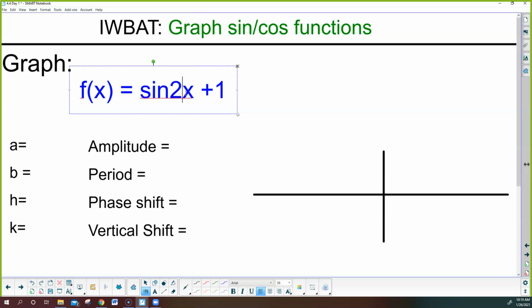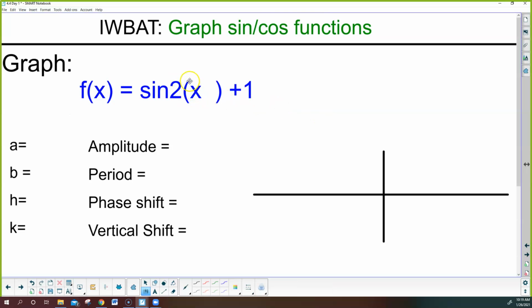I don't really need the parentheses around here because it's just sine of 2x. But I did that so we can add a little extra in here just so you can see. And I'm going to try to do this with very thorough notes so you can get everything that you need.